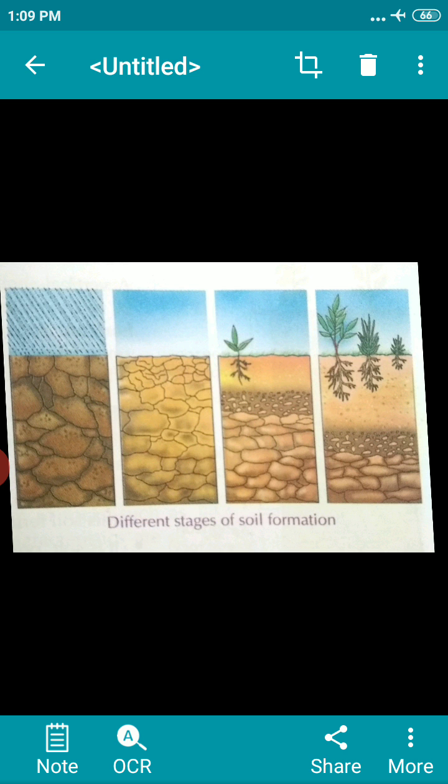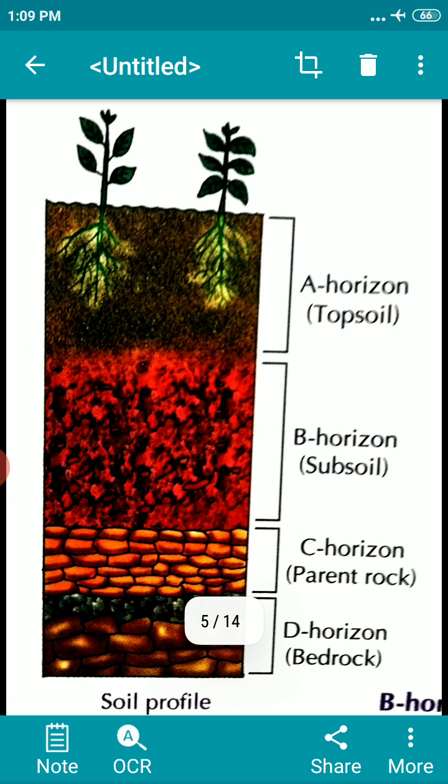Now let's see what is soil profile. A vertical section through different layers of the soil is called the soil profile. Each layer differs in feel, that means in the texture, color, depth, and chemical composition. So these layers are referred to as horizons.